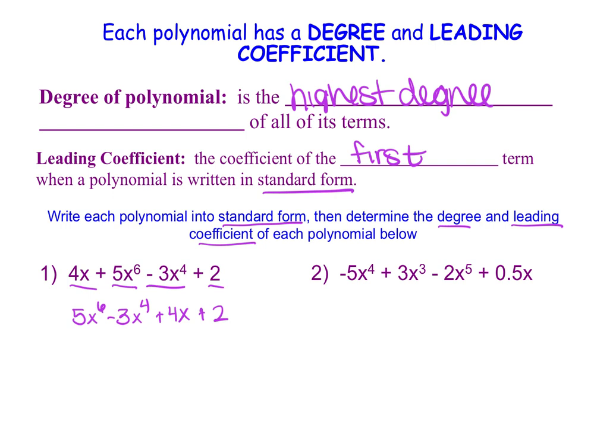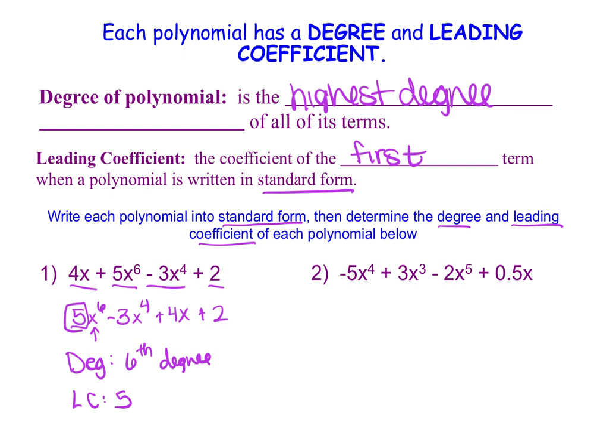Then we need to find the degree of this polynomial, which, if you write it in standard form, will be this first power here because it is the highest. So this is a 6th degree polynomial. And then our leading coefficient, when we write it in standard form, is this first coefficient. So our leading coefficient here is going to be 5.